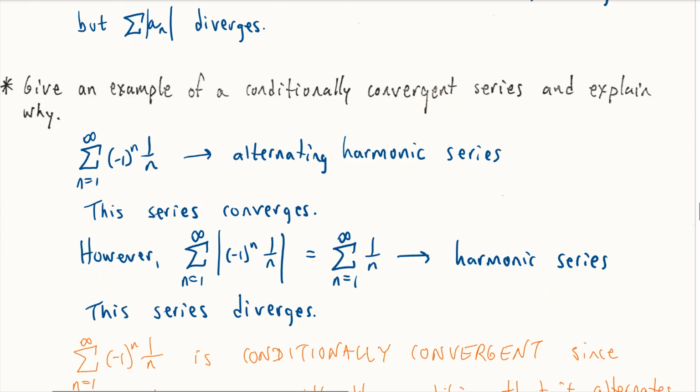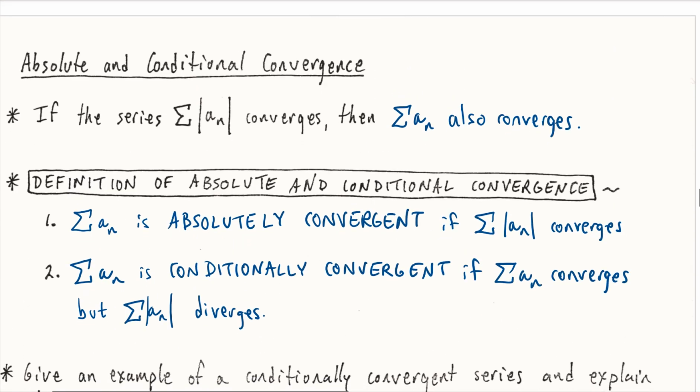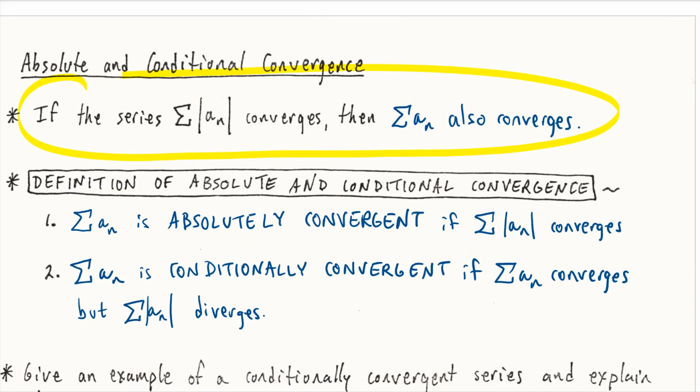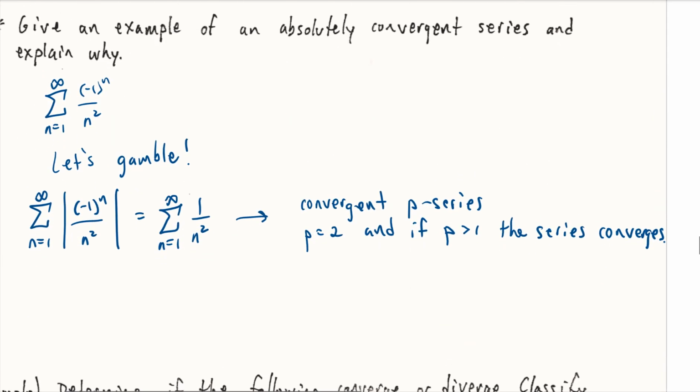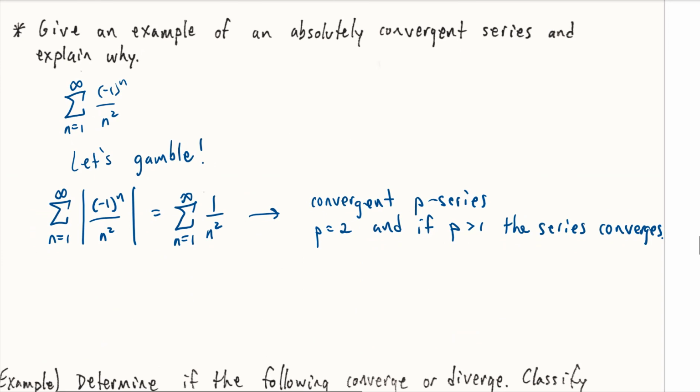That's what we started with. It's right back up here. So if the series with positive terms converges, then the series that had some negative terms also converges. So I get to use that theorem now and conclude the original one I started with converges.